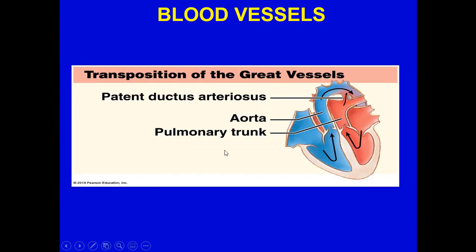And finally, the transposition of the great vessels. This is sad. It's a little bit more of a challenge, but it can be dealt with. One, you still have a patent ductus arteriosus. That has to be closed. Here is your aorta. Here is your pulmonary trunk. Translated, the right side is delivering blood to the left function, which would be systemic circulation. So you get basically deoxygenation.